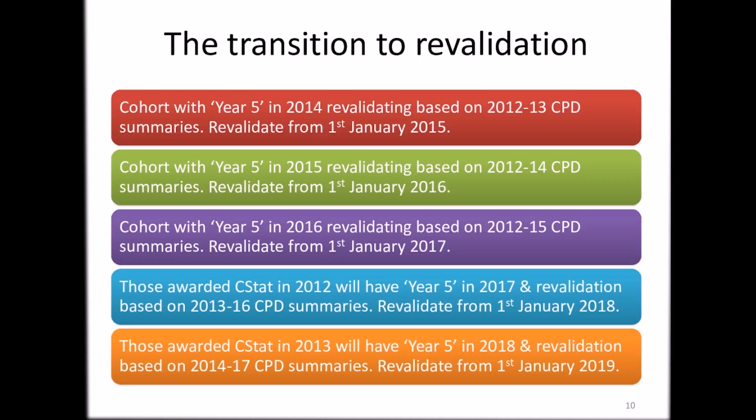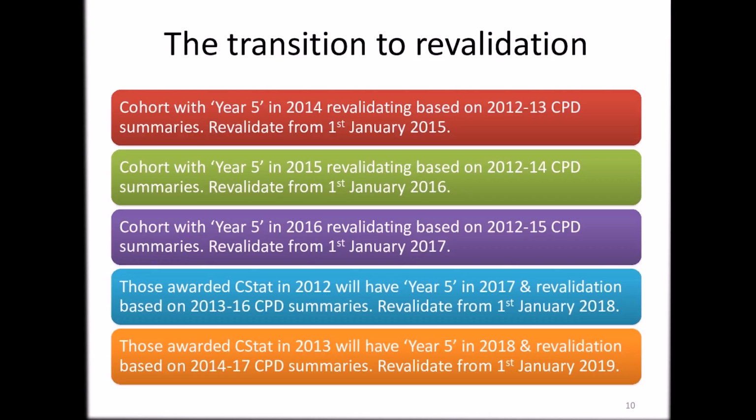The second going through the revalidation process in 2015 based on CPD summaries from the calendar years 2012 through to 2014. And the third, that is this year's revalidation process, based on CPD summaries from the calendar years 2012 to 2015.